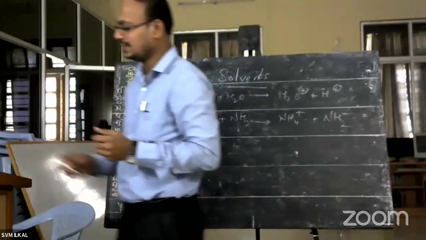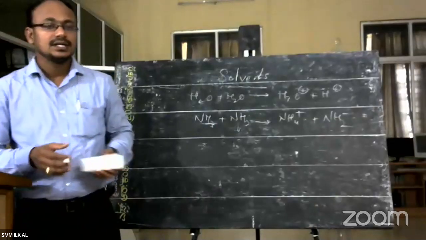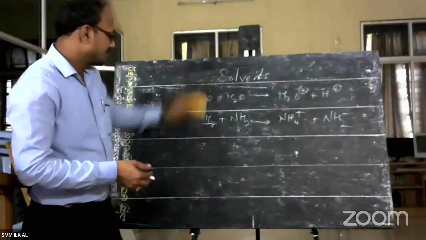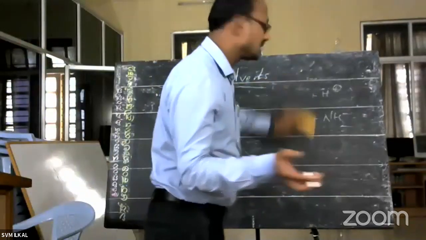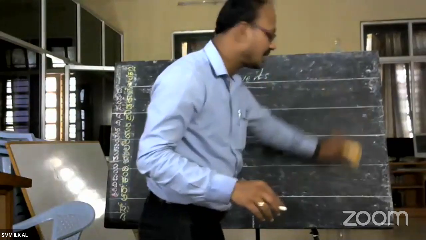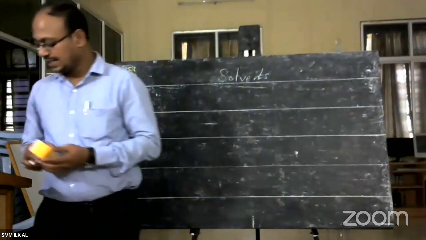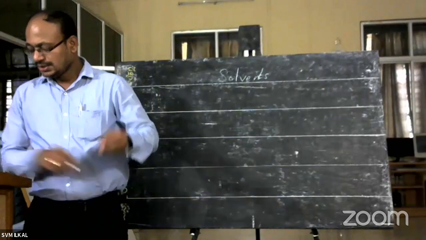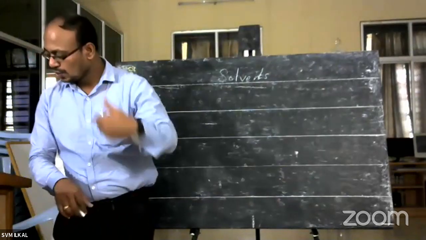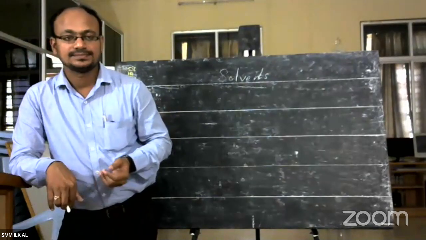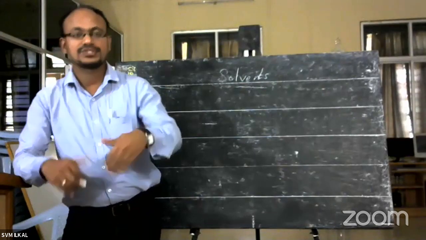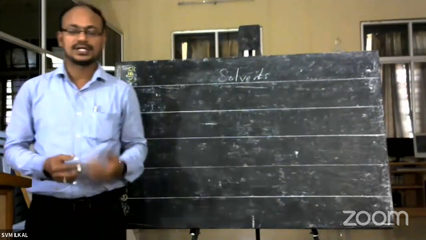Now let us see what non-ionizing solvents are. It is very simple. It is exactly the reverse of ionizing solvents, meaning the solvent which does not undergo autoionization. Auto means self.